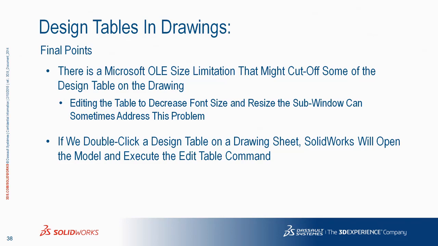As I showed you before, if you double click on a design table on a drawing sheet, SOLIDWORKS will open the model and execute the edit table command, as long as you don't have a bunch of other windows open like I did. If you save it as a 2007 file format, it'll let you go longer with it.